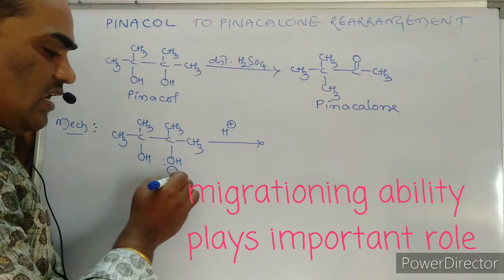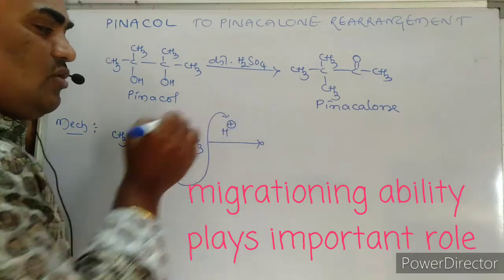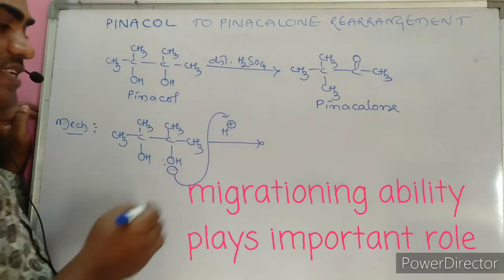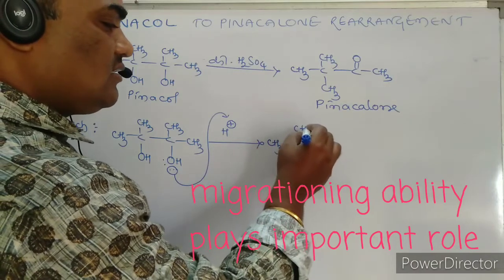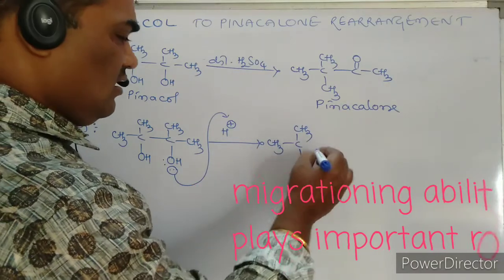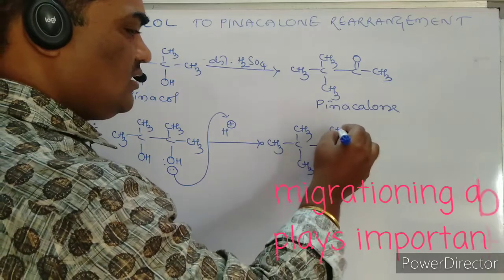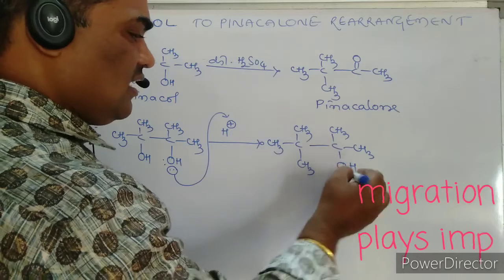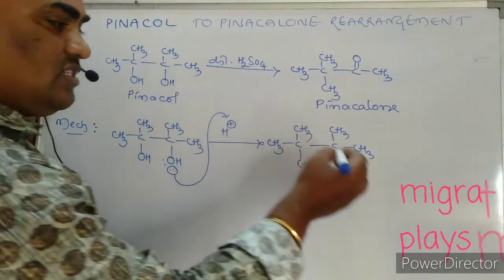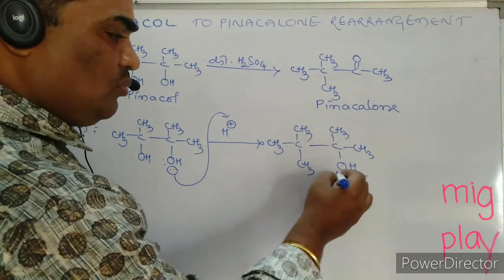Here oxygen carries the electron pair and acts as a nucleophile, and the electrophile is the H plus ion. Now CH3, here the carbon atom, CH3, and oxygen gains its H plus ion, becoming OH2 plus.